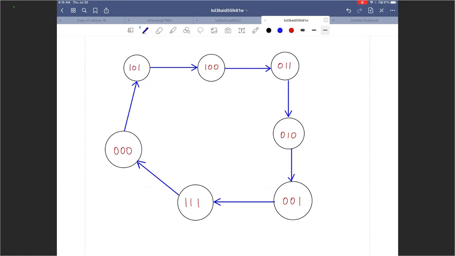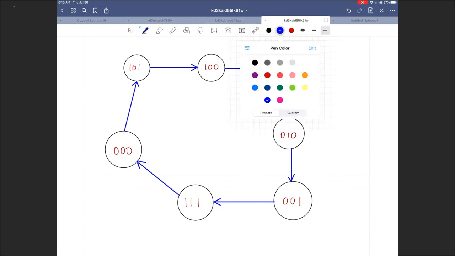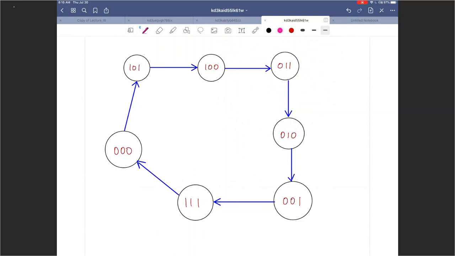And in fact, we can add on some more information on this. For example, I can call this state 0 and state 1 and state 2 and state 3, state 4, state 5, state 6. I don't have to use the bit value, so I don't have to call this state 5, state 4, and so on.